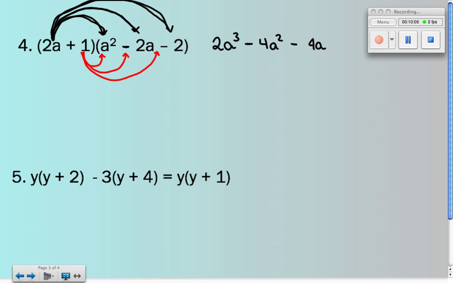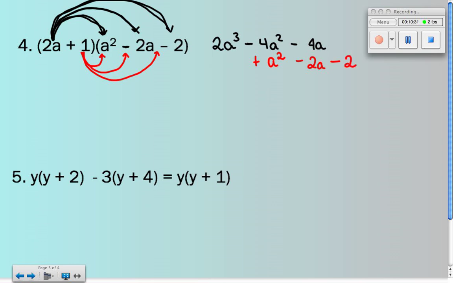I'm going to write that right below the a squared. So now I know these are like terms and I line them up. 1 times negative 2a is negative 2a. Hey, there's an a, so this is negative 2a. Once again, like terms are lined up. 1 times negative 2 is negative 2.